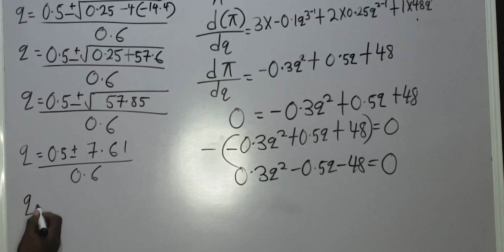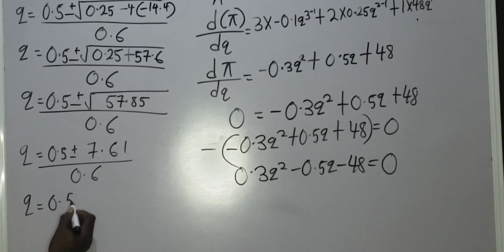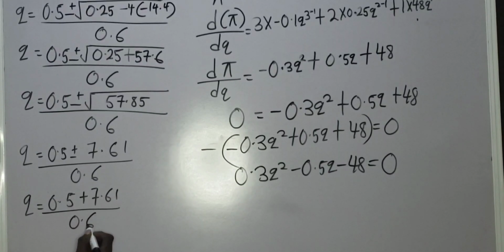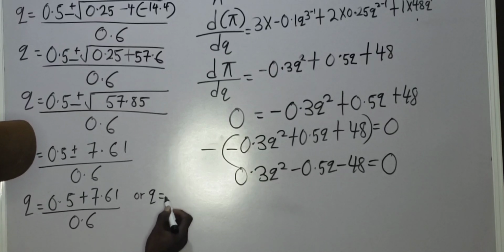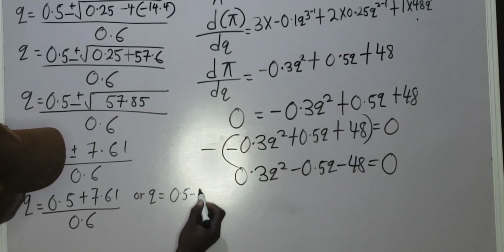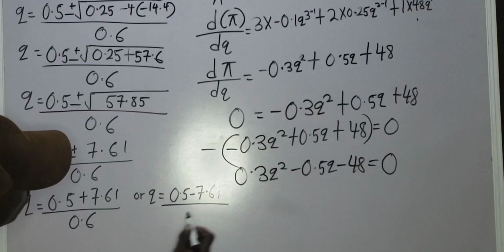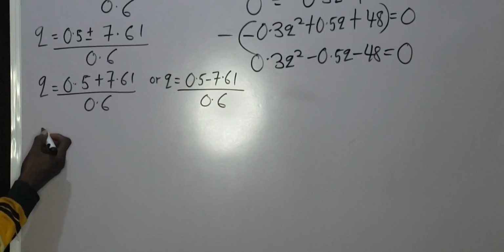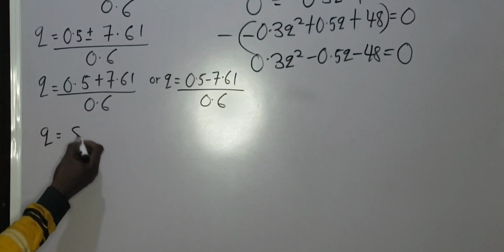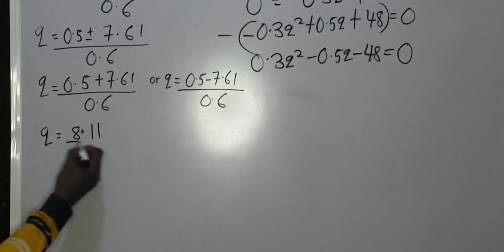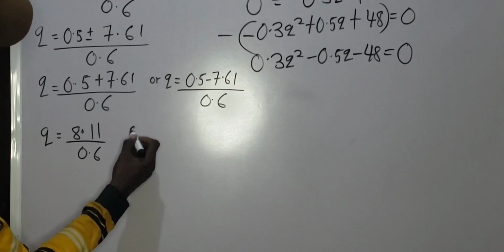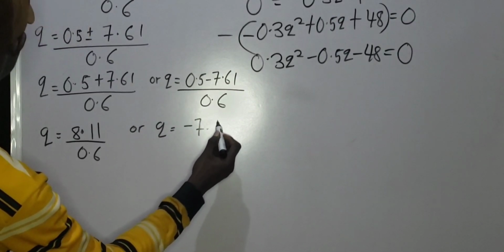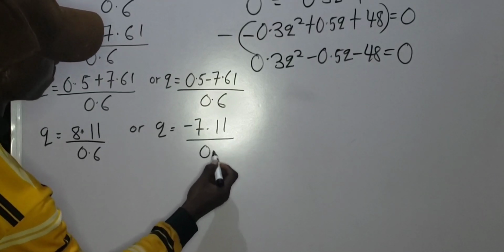So q is equal to 0.5 plus 7.61 all over 0.6, or q is equal to 0.5 minus 7.61 all over 0.6. 0.5 plus 7.61, that will give me q is equal to 8.11 divided by 0.6, or q is equal to negative 7.11 divided by 0.6.